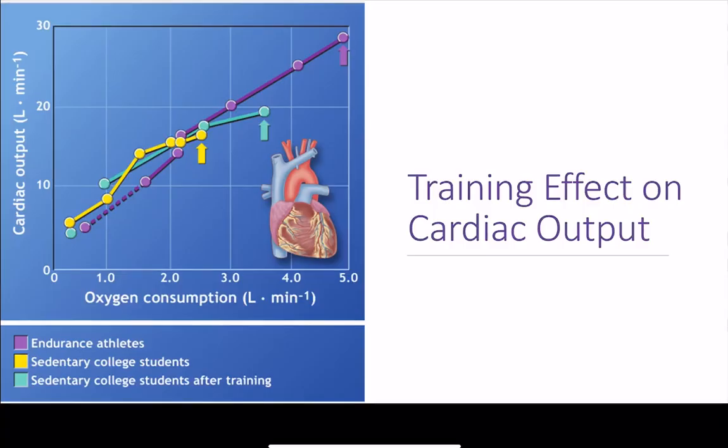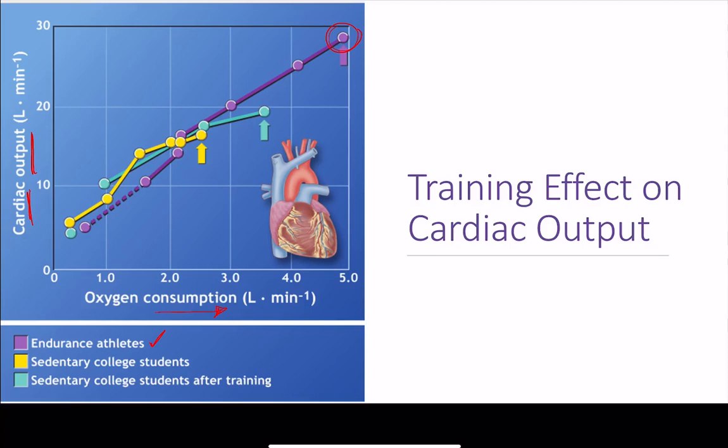And that's what we see here when you compare endurance athletes in the purple, looking at oxygen consumption, right? Exercise intensity on the X, and what is their cardiac output, ultimately their maximal cardiac output. We see a significant training effect on cardiac output.